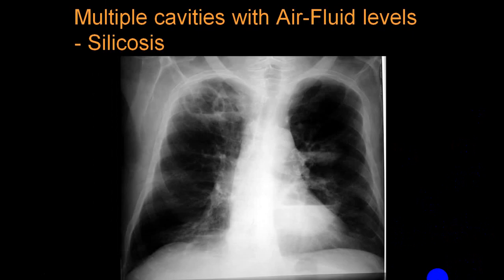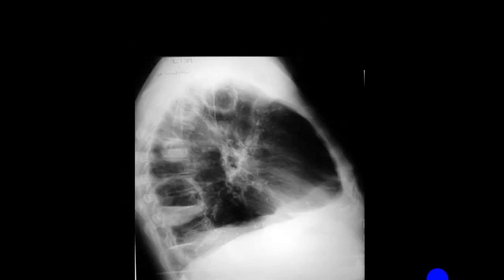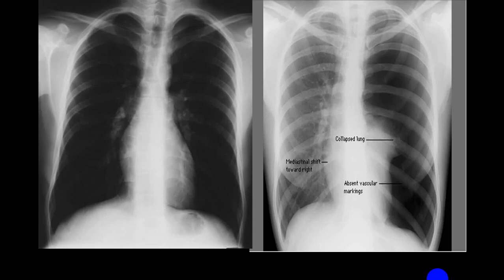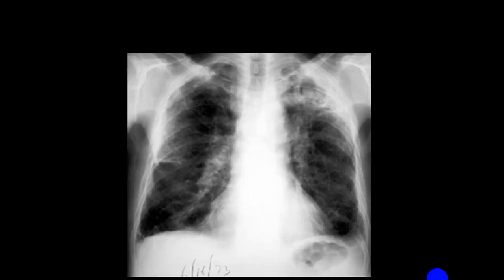Now I am going a little faster. You can see multiple air fluid levels. This can happen also in a case of silicosis. These are not multiple abscesses. So history becomes very important in that case. Multiple abscesses, pneumatoceles. Look at these different x-rays and try to answer why. This is interstitial lung disease.